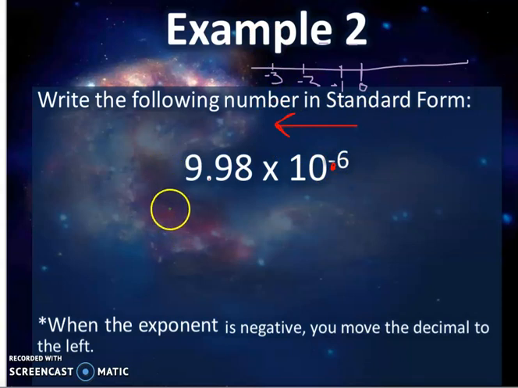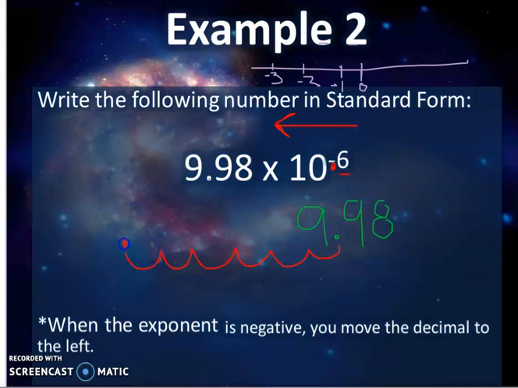So I'm going to start by writing out my non-zero numbers, 9.98, and I'm going to shift my decimal point 6 units to the left. 1, 2, 3, 4, 5, 6.